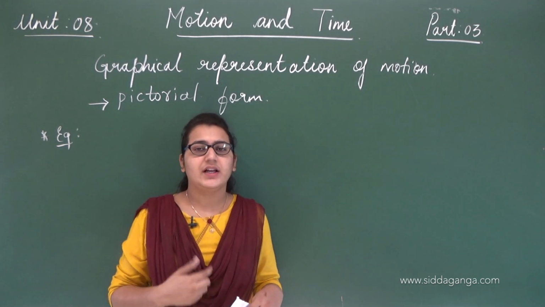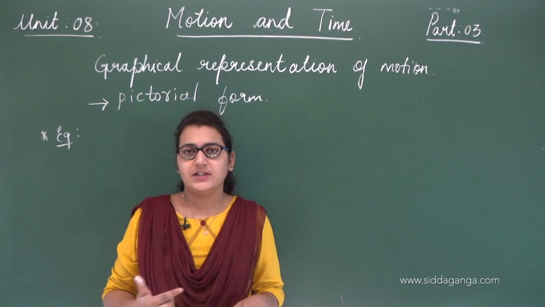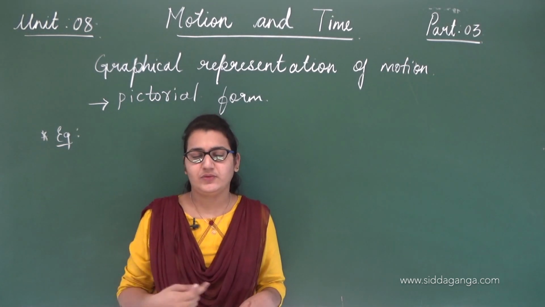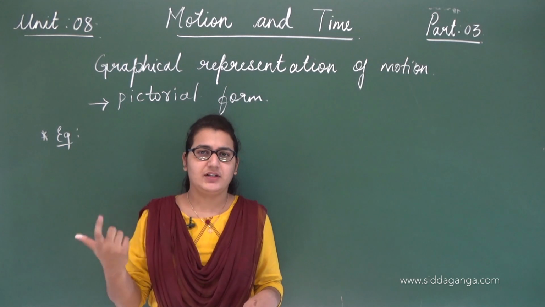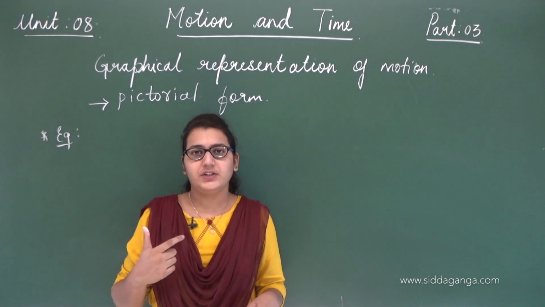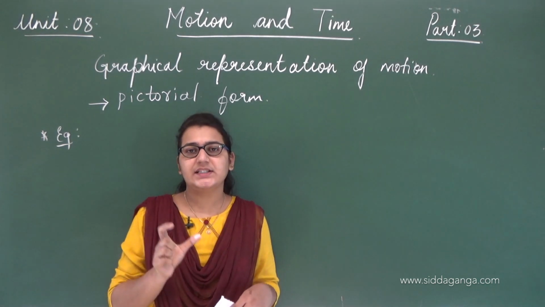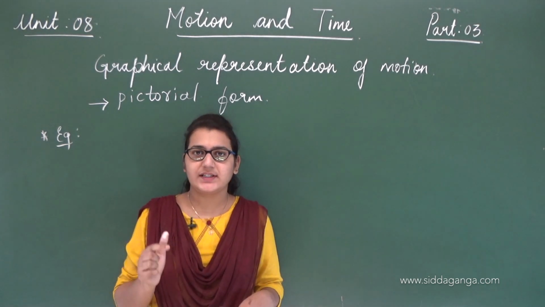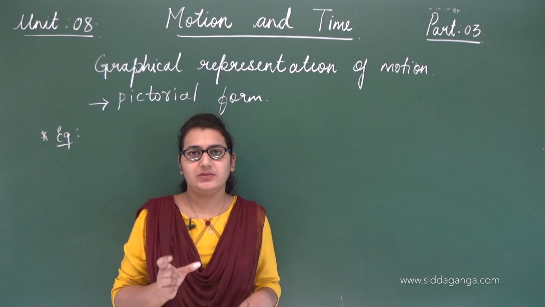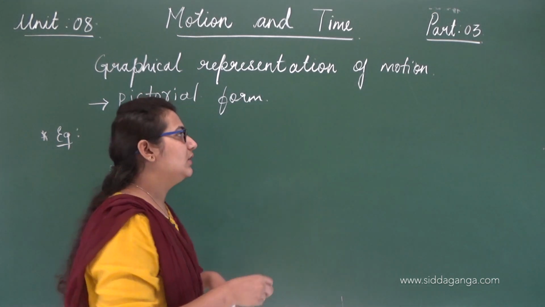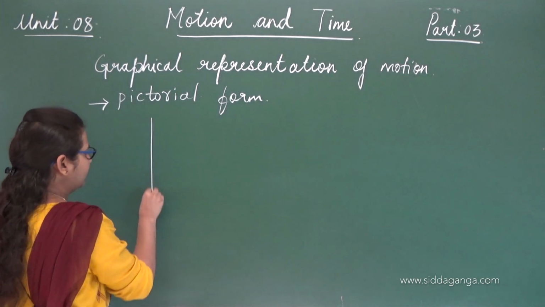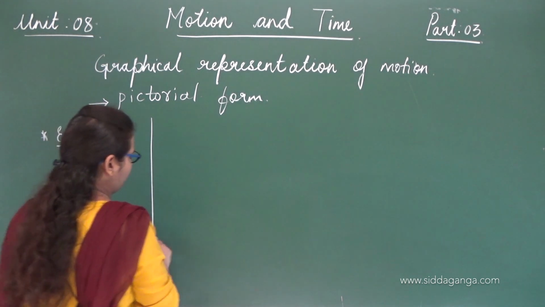If you say apple, mango, banana, orange, like that, I represent them in a form where we can clearly see how many students like a particular fruit. So I'll represent that in a graphical form.